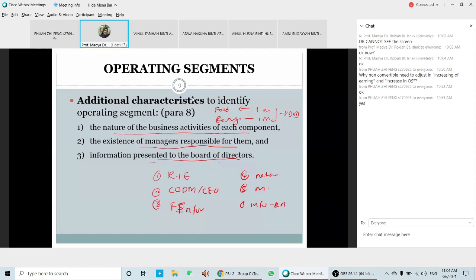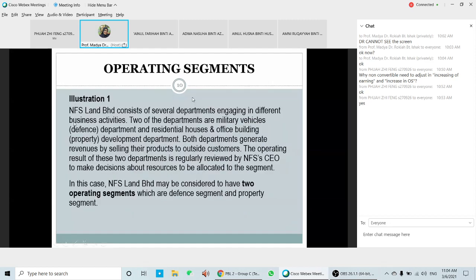You need to know these criteria to decide whether something is an operating segment or not, so be careful. Most of the questions are theory questions. Now let's look at an example.